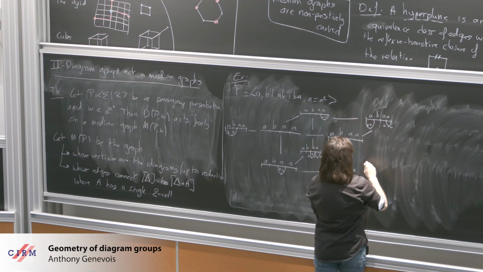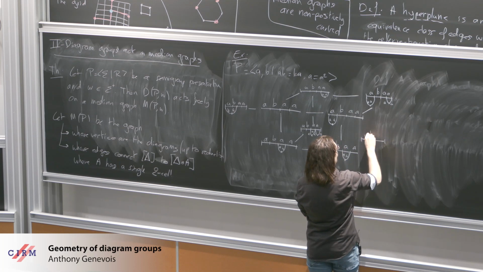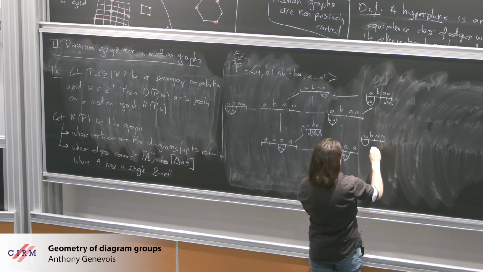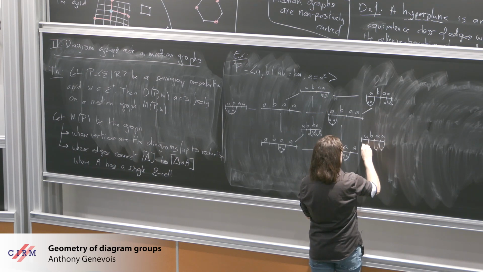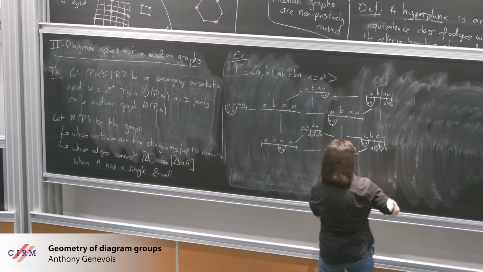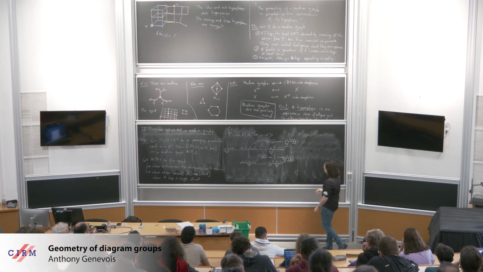And the last one, when you put everything, so you have A. Okay, and you have a 3-cube, right? If you can see it.